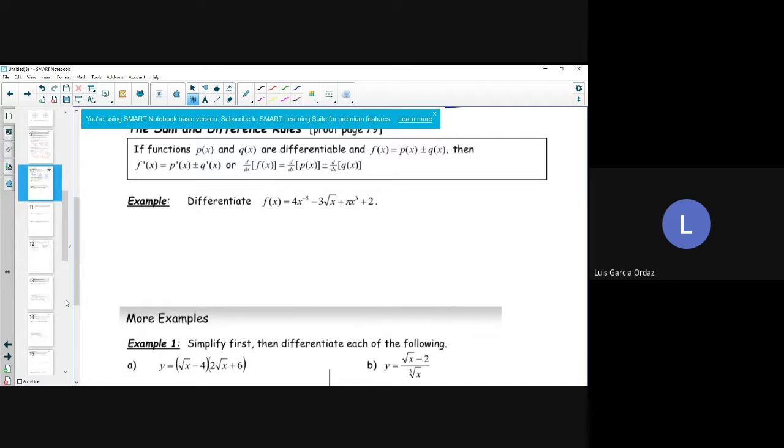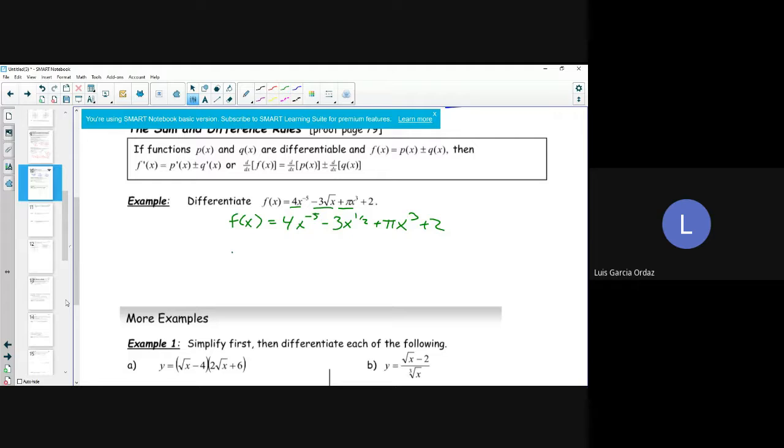So what you're basically doing is taking the derivative of each individual term in your function. So what this looks like, again, we don't like the roots, so we get f of x is equal to 4x to the negative 5 minus 3x to the 1/2 plus pi x cubed plus 2.